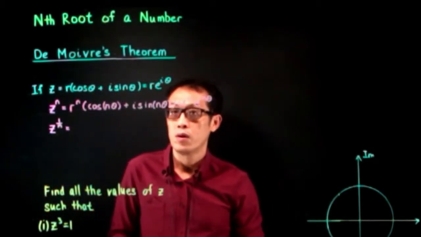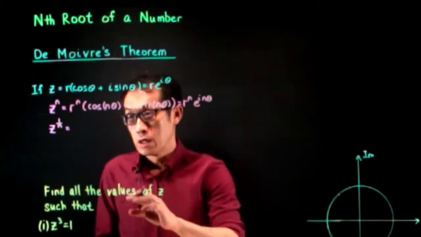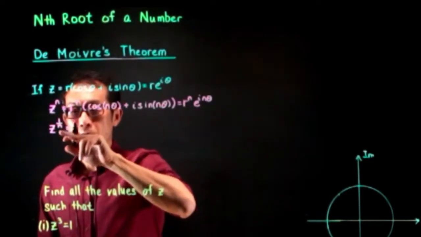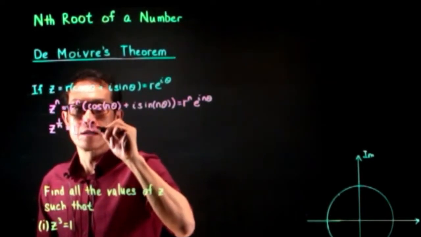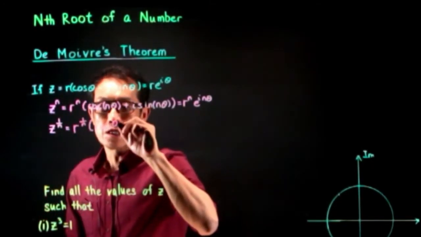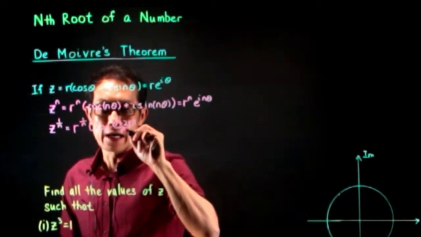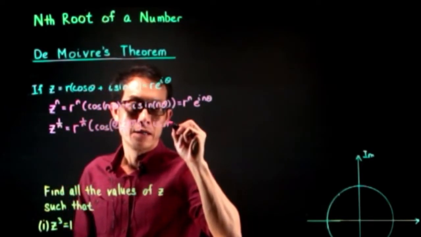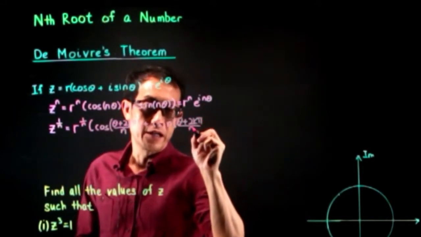Now, what will this be? Now, if z to the power of 1 over n will be equal to r to the power of 1 over n, cos of theta plus 2k pi divided by n, into i sin of theta plus 2k pi divided by n.